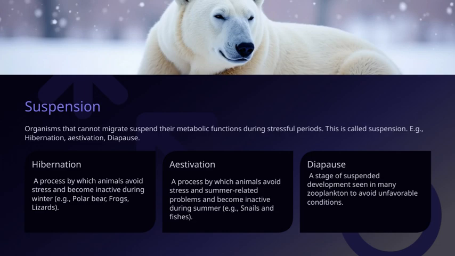This suspension helps them survive periods that would otherwise be fatal. So, in summary, suspension is a key survival mechanism, allowing animals that can't migrate to pause their activity until conditions become favorable again. It's a fascinating adaptation that highlights the resilience of different species in the face of environmental challenges.